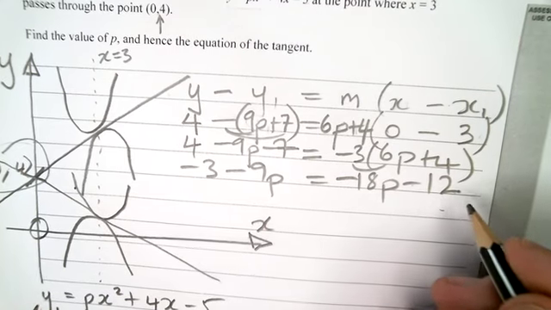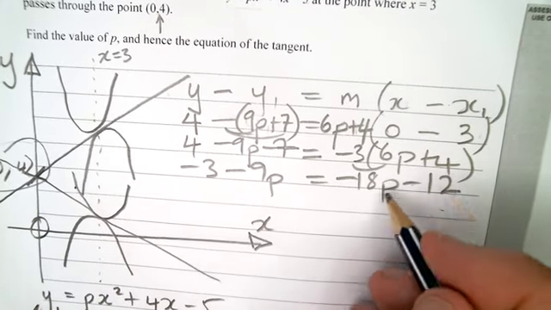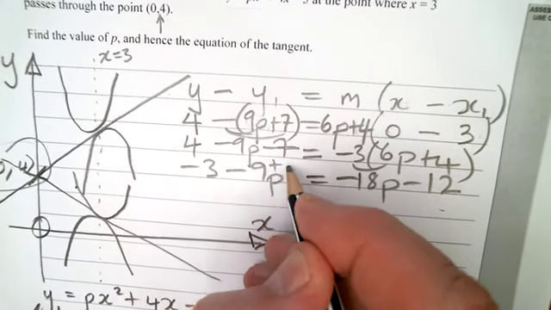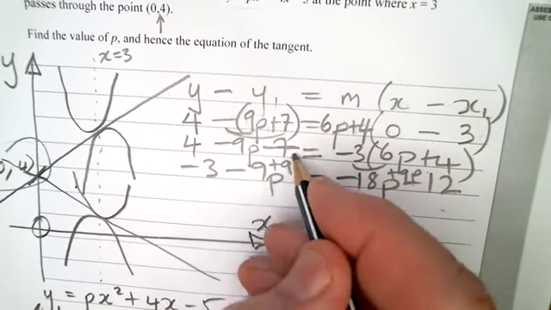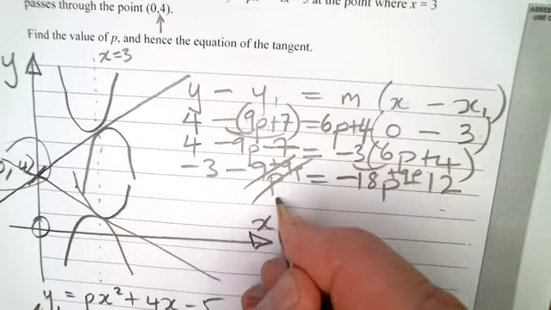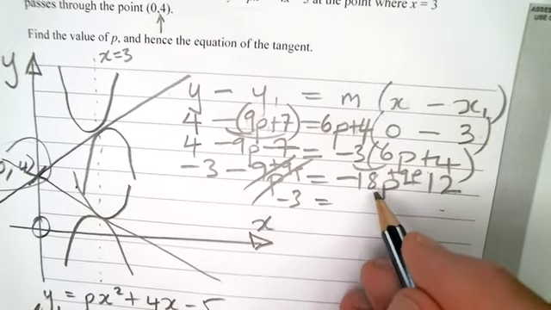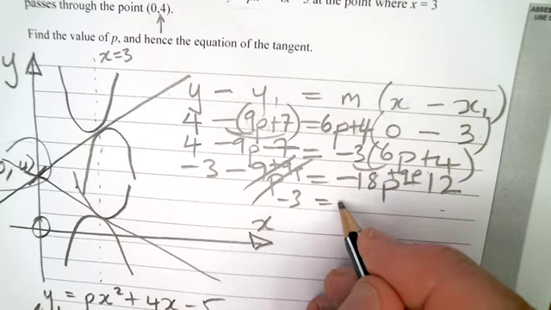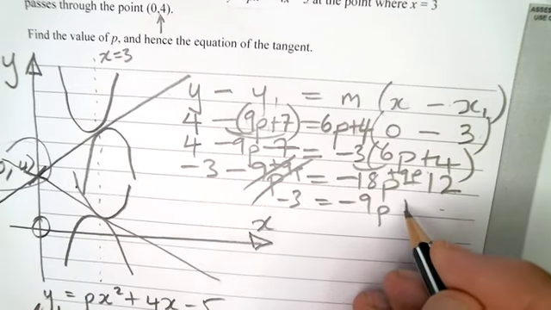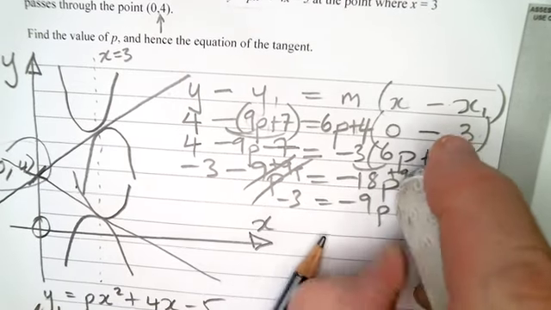All right, so what do we got? Let's add 9p to both sides. 9p minus 9p is 0. We've got negative 3 is equal to 9p plus negative 18p is negative 9p, minus 12. I've still got minus 12 here.